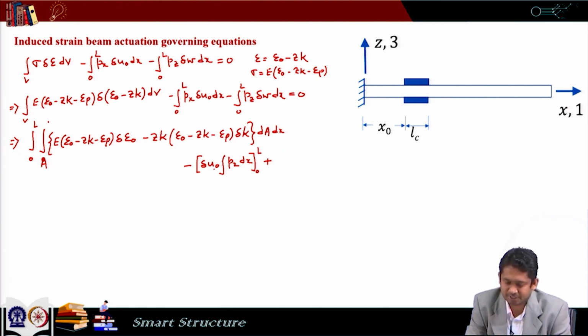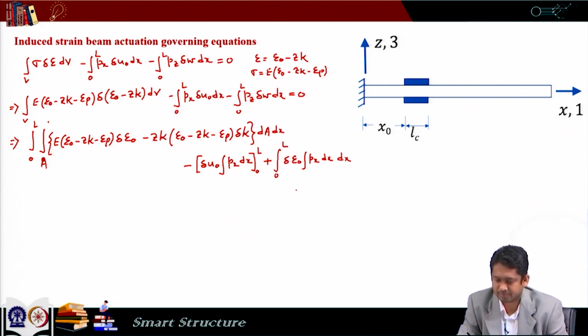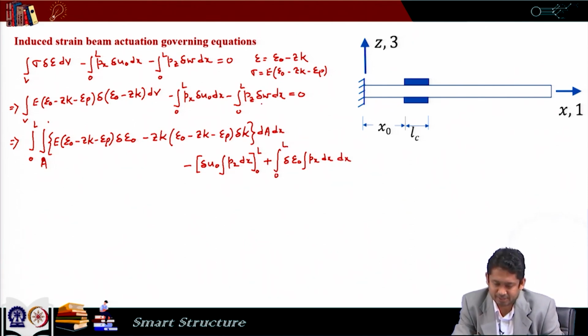If I differentiate u0 with respect to x, that gives me epsilon 0. So, we have delta of epsilon 0 multiplied by p x dx from 0 to L, and again we have to take care of this.